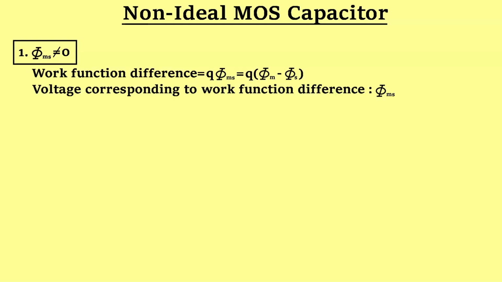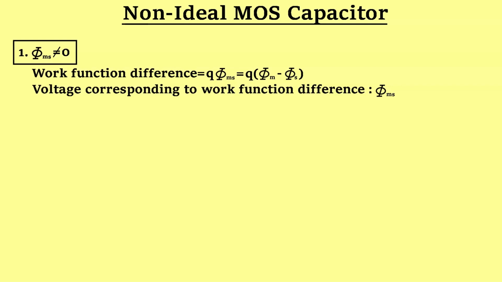In this case, we have a voltage corresponding to the metal to semiconductor work function difference. To cancel the effect of this voltage, we have to apply the same voltage. This is because the potential drop across the metal and semiconductor pushes the charge carriers to move from metal to semiconductor or even vice versa.